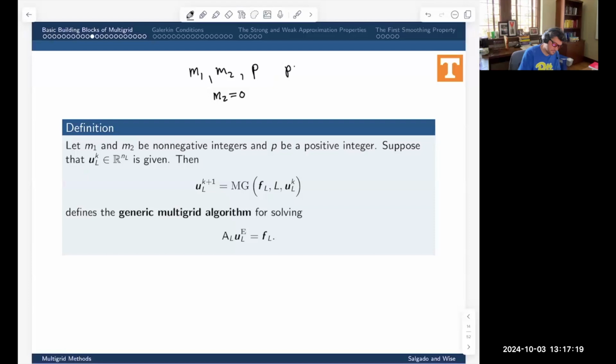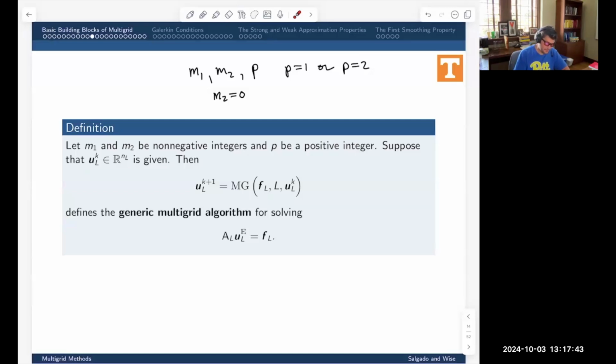So P equals 1 or P equals 2, that's a common value. Sometimes we're going to symmetrize this algorithm by making M1 and M2 exactly equal to each other. We're going to do this a lot actually in this chapter. All right, but in any case, those need to be specified.